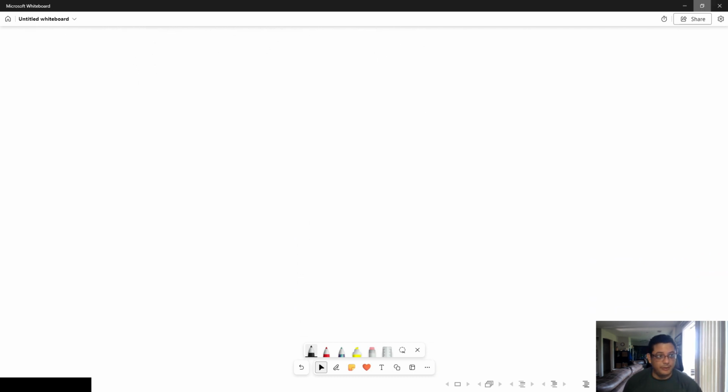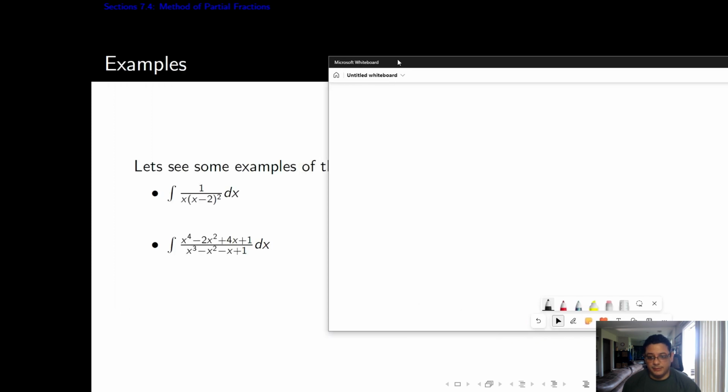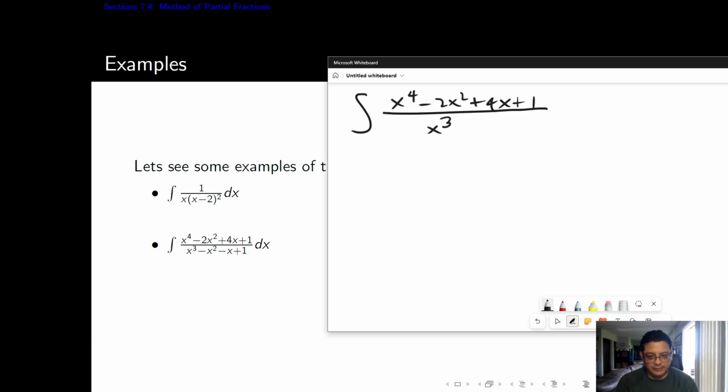Let's go back to see here. We have the integral of x to the 4 minus 2x squared plus 4x plus 1 divided by x cubed minus x squared minus x plus 1.